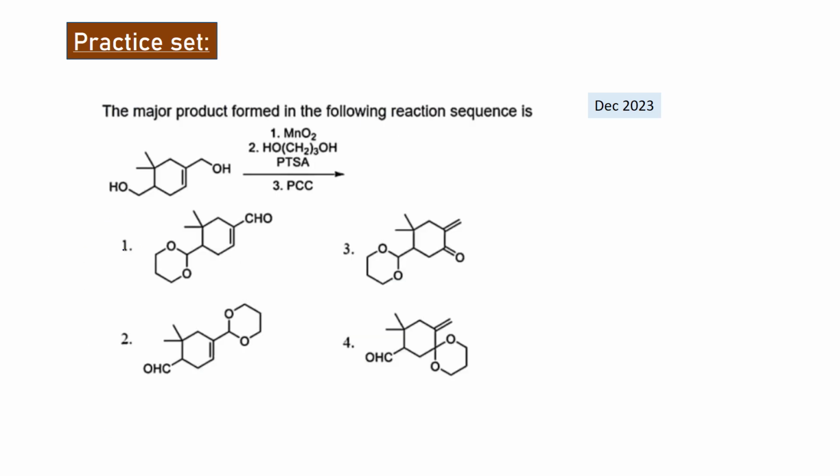What will be the major product formed in the reaction sequence? MnO2 is selective for allyl alcohol. So this alcohol will be oxidized, specifically to an aldehyde. After that, if you add a protecting reagent, then it will be protected.